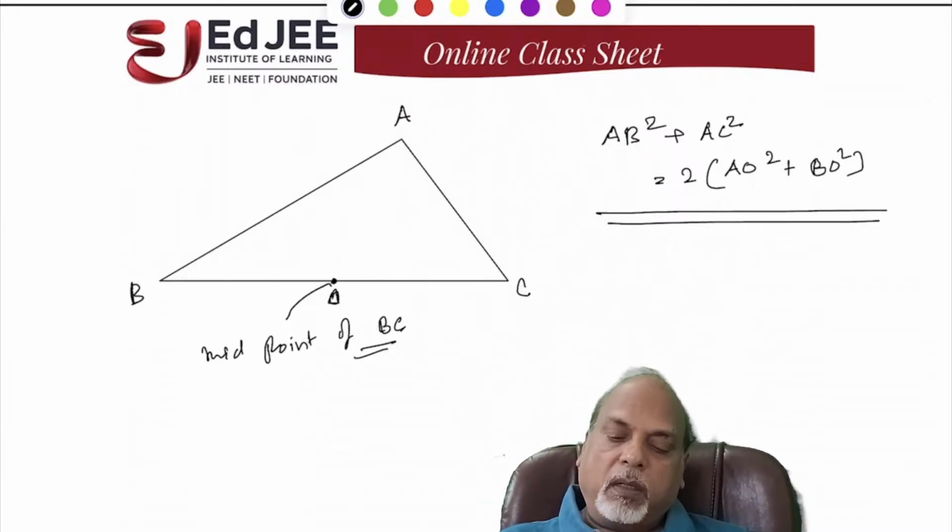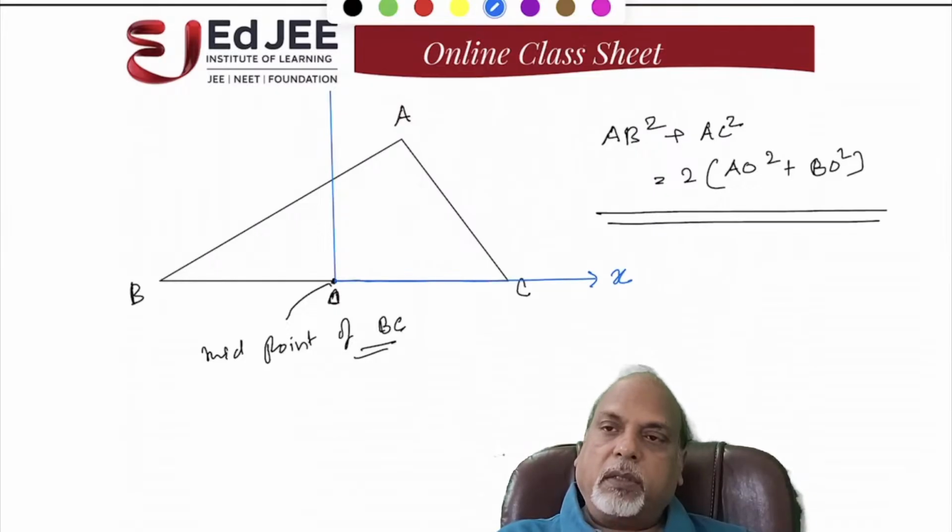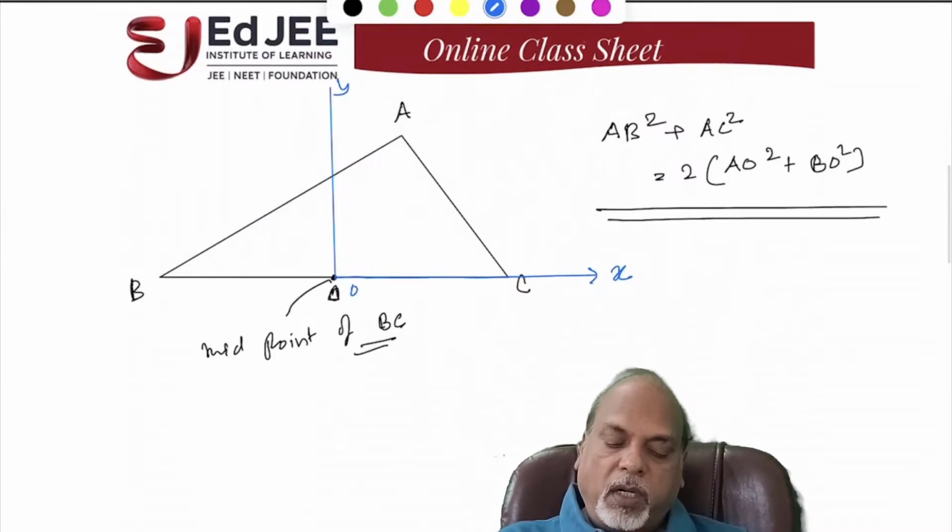First of all, let us mark this midpoint. Let us take this as the origin. This is your x-axis and this is your y-axis. Origin means its coordinates are 0, 0.